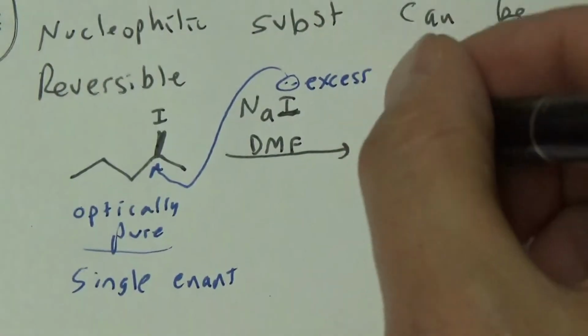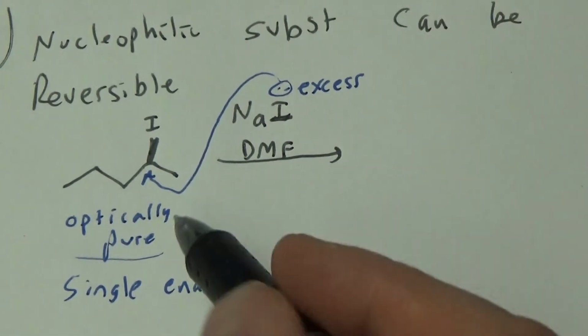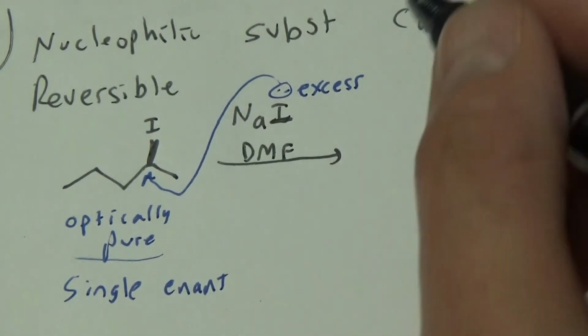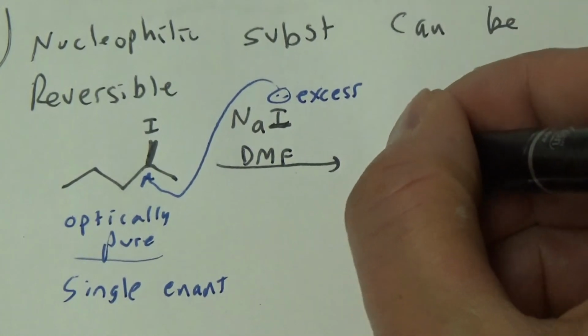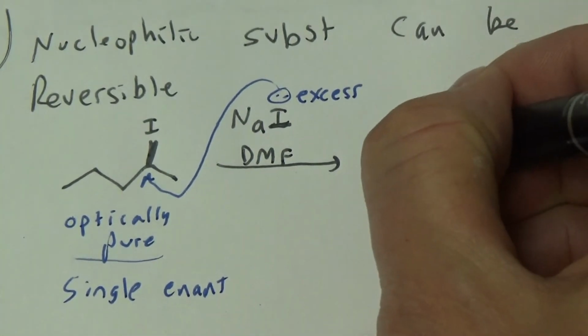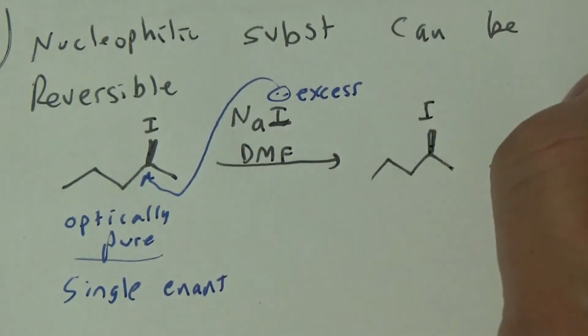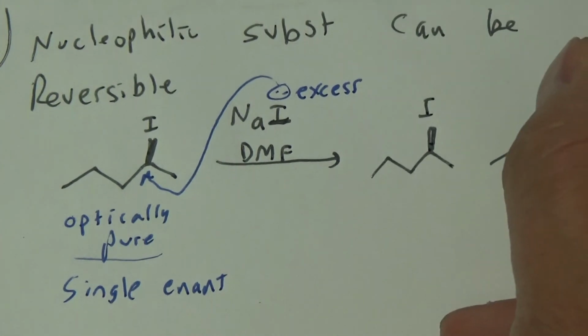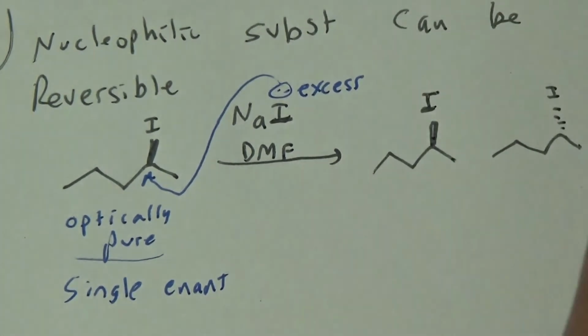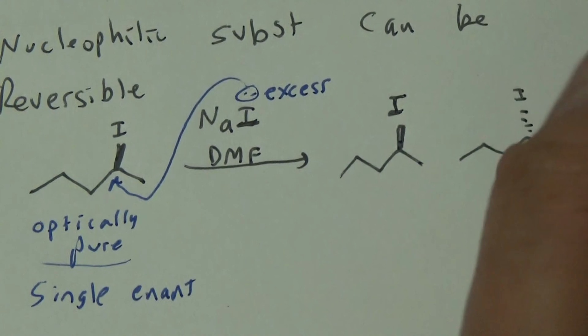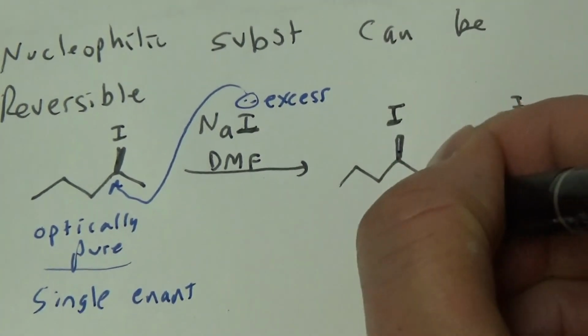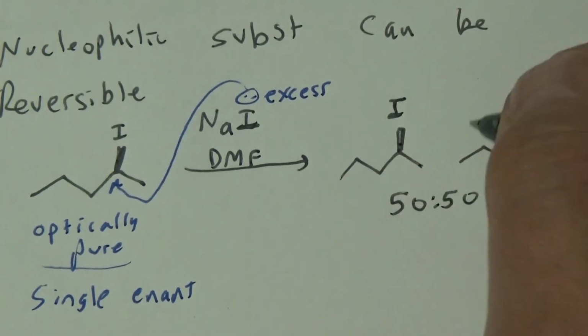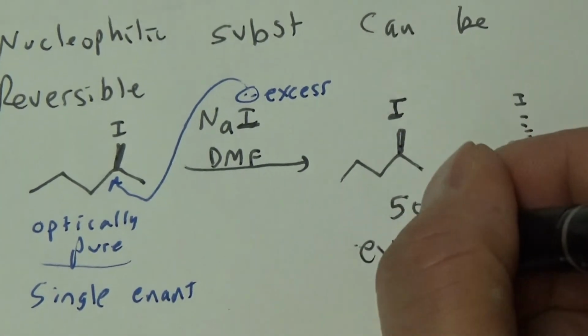So if you have this optically pure stuff and you react it with excess sodium iodide, you will very quickly have a 50-50 mixture of enantiomers. Eventually.